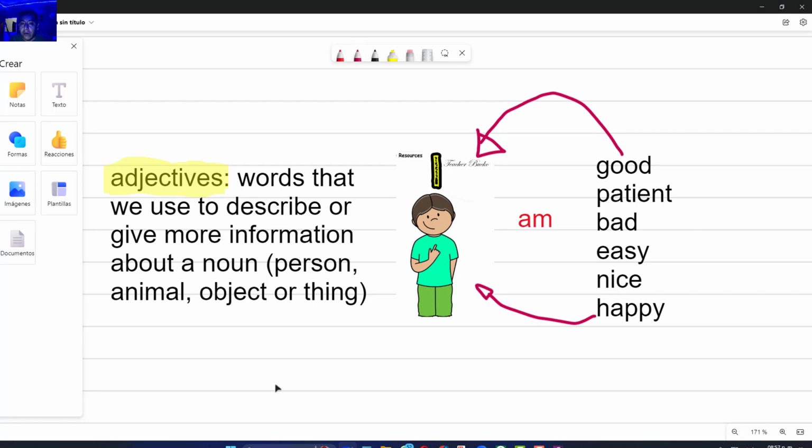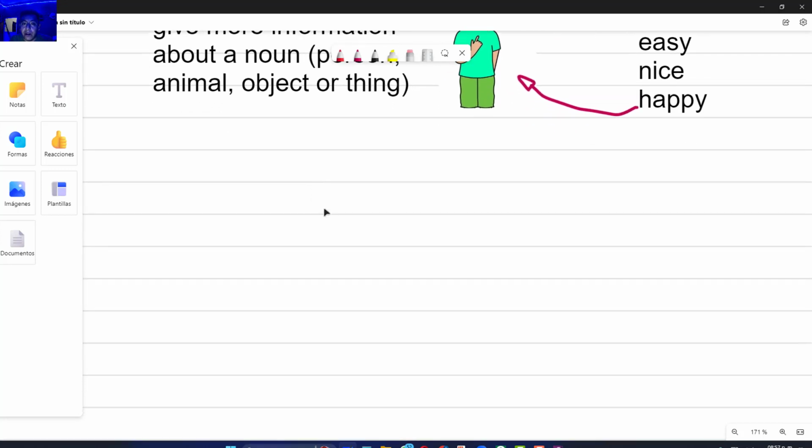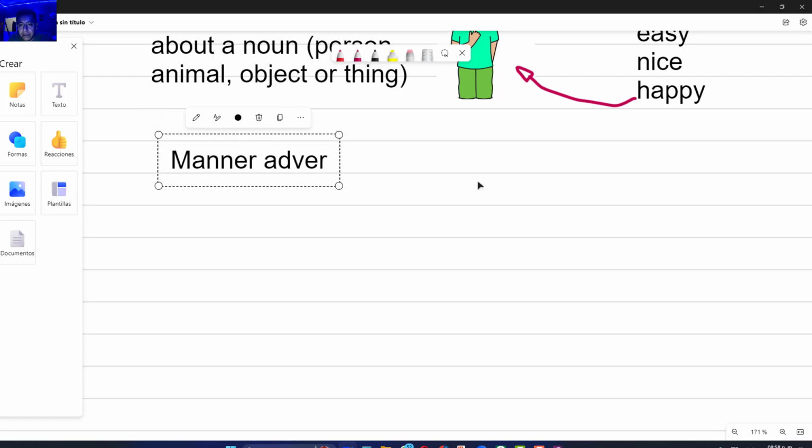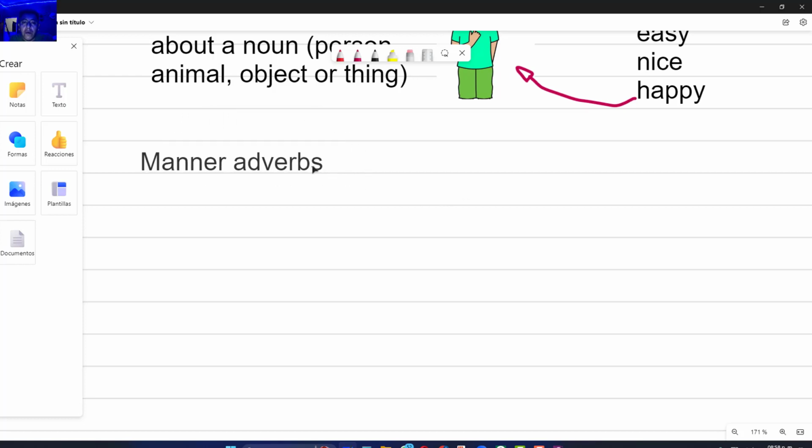And now we also have another kind of words. Those words are called adverbs, okay? In this case, we're going to call them manner adverbs. What are manner adverbs? Easy.